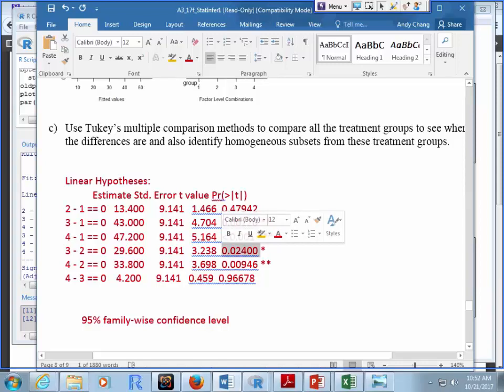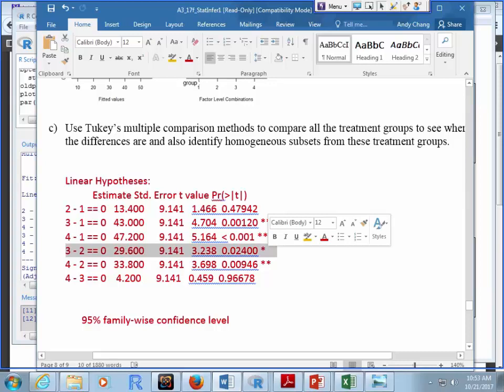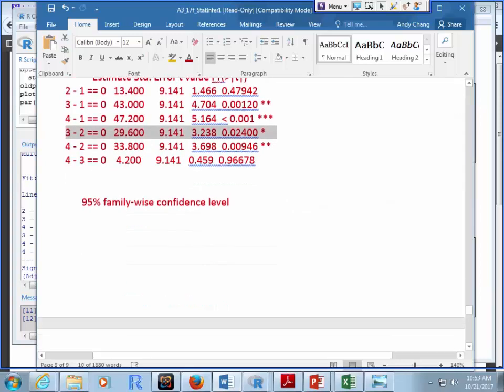If you use a family-wise type 1 error rate, that means you divide that 5% by 6 to get the type 1 error rate you should use for each test. The cutoff p-value should be 0.01. Now you have 0.02, which is higher than 0.01. So if you want to use a family-wise type 1 error rate, this one would not be significant enough. Am I making sense? Okay.